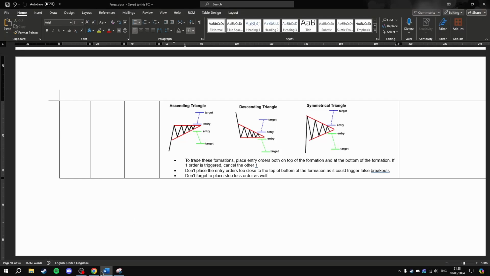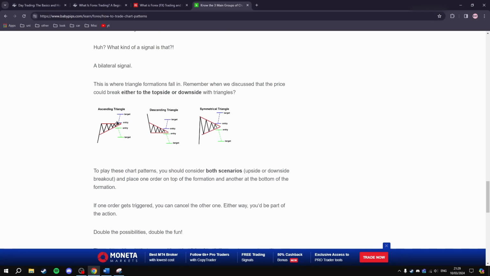So don't place it too close, even though that line literally hovers right above it. Place the entry orders a few pips above where the flat line is. I don't know if you should place a few pips above the sloped lines as well, because if the price goes that distance, it isn't going to be as close as it would be at that distance.